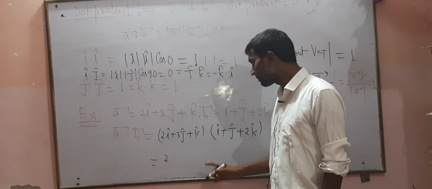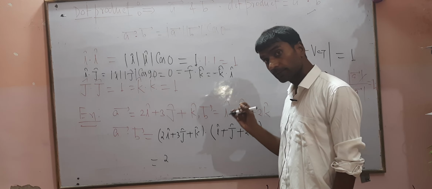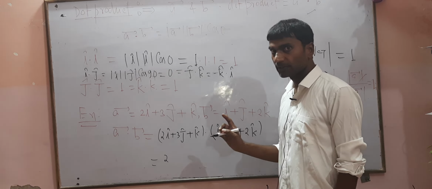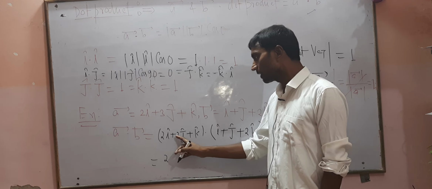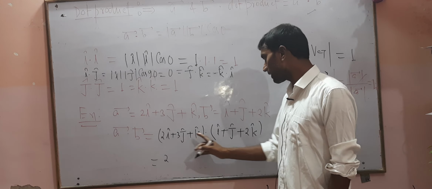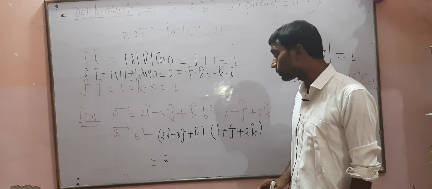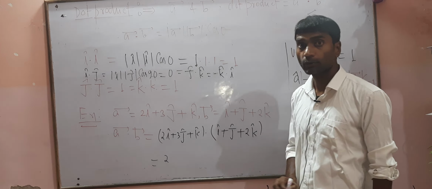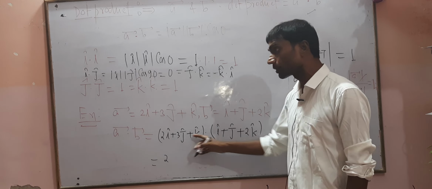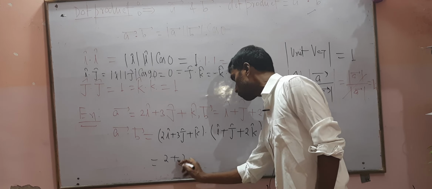So for 2i cap multiplying in the second bracket, only one term survives: 2i cap dot i cap, which equals 2. Similarly, if 3j cap is multiplied in this bracket, 3j cap dot i equals 0, and 3j cap dot j, which equals 3, because j dot j equals 1. So plus 3j cap dot j cap equals 3.